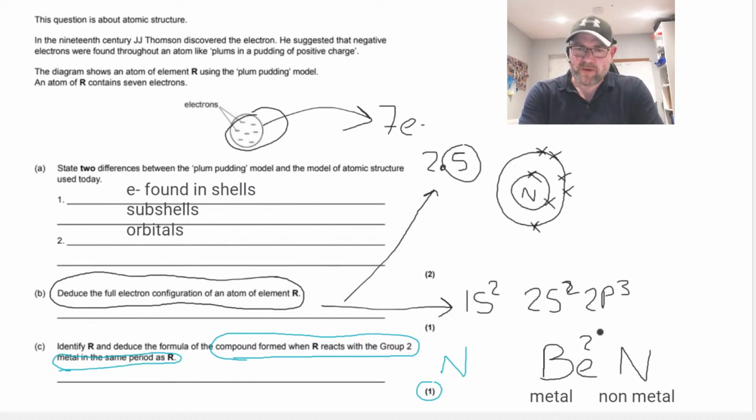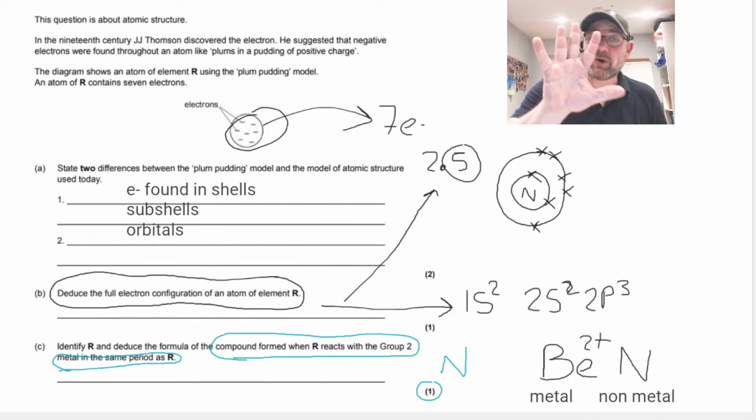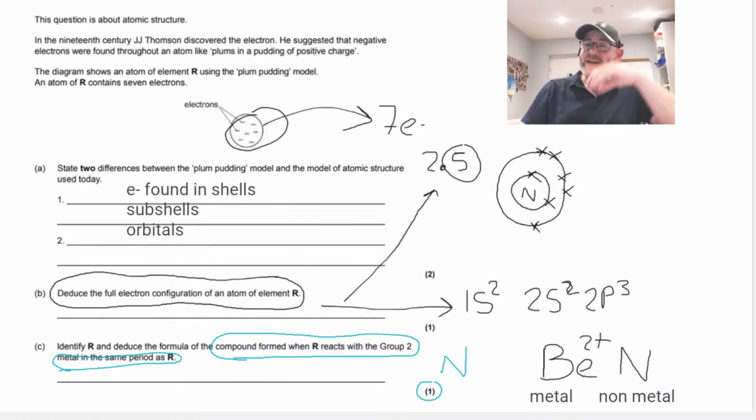Well done, guys. Both of you spot on. So it's going to be 2+. Now, nitrogen is in group 5. Is it easier to chuck away 5 electrons or take 3 electrons? It's much easier to get 3 electrons. So what's the charge going to be on nitrogen when it forms an ionic compound?